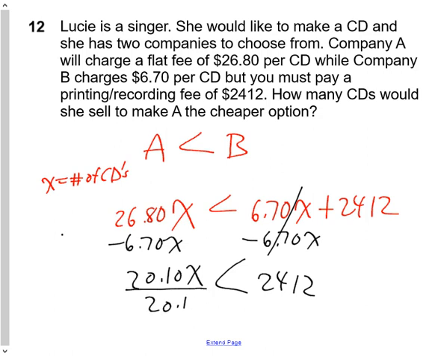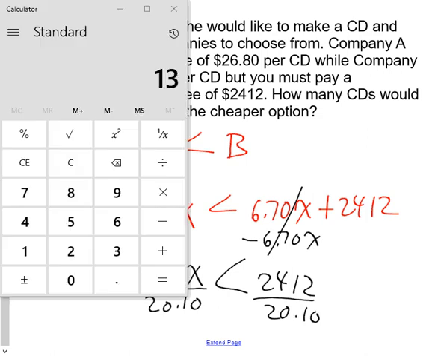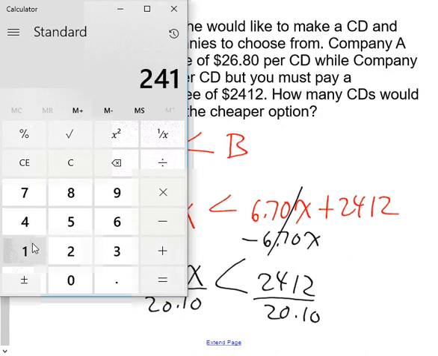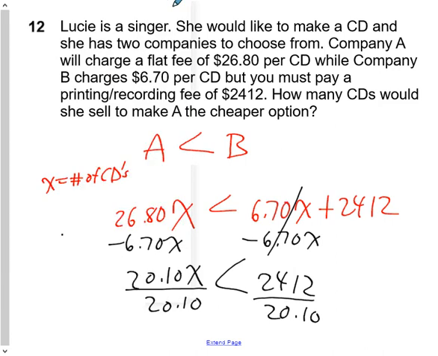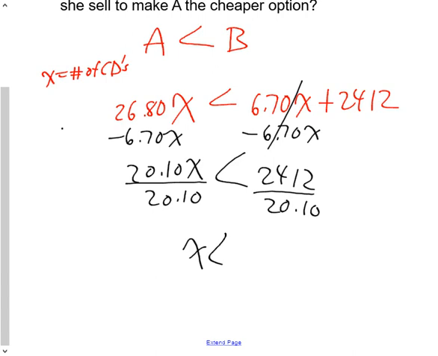Divide both sides by the coefficient of 20.10. And I will have, if I take $2,412 divided by 20.10 equals 120. So therefore, X must be less than 120.